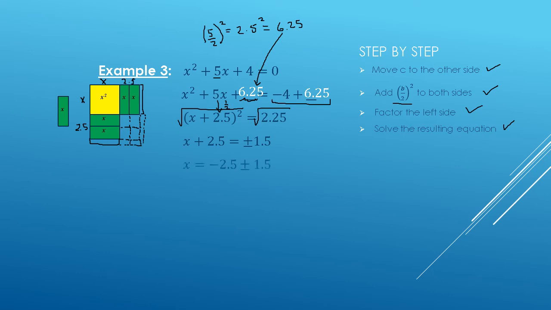Last step, if you flip the 2.5 over, you get negative 2.5 plus or minus 1.5. And here, if you do the plus and the minus, you actually get nice numbers, right? Negative 2.5 plus 1.5 is -1, and negative 2.5 minus 1.5 is -4.